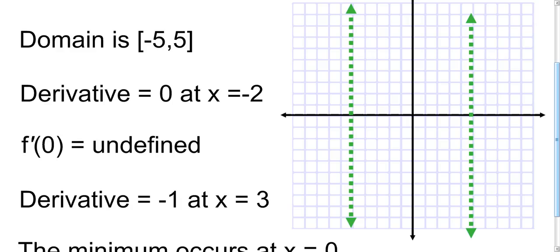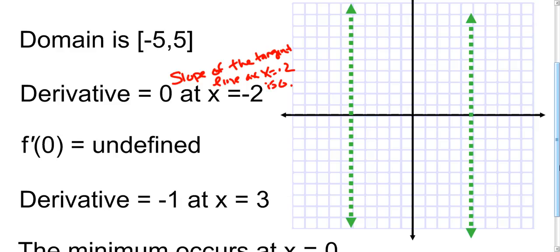So I know my graph has to go somewhere between there and there. Okay, the derivative is 0 at x equals -2. So again, that means the slope of the tangent line at x equals -2 is 0.